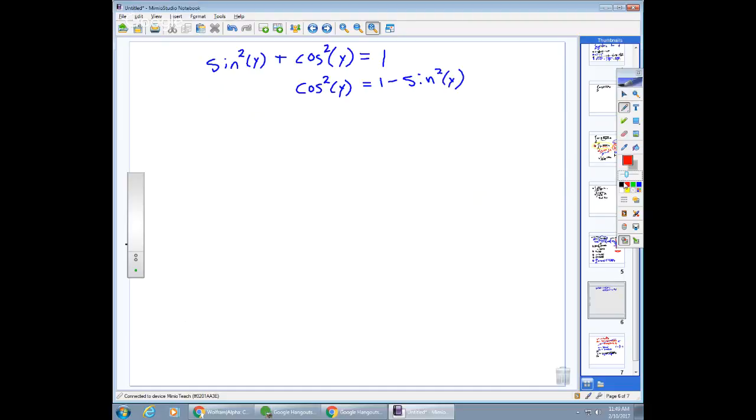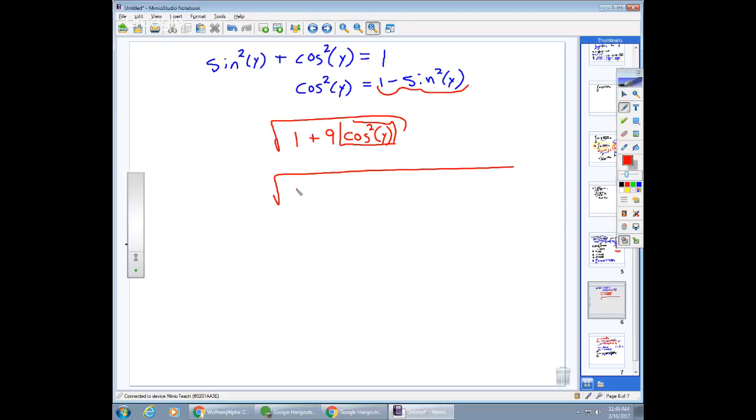We are trying to do something with the square root of 1 plus 9 cosine squared. So we could replace that with this. That would give us, inside the root, 1 plus 9 times 1 minus sine squared of y.